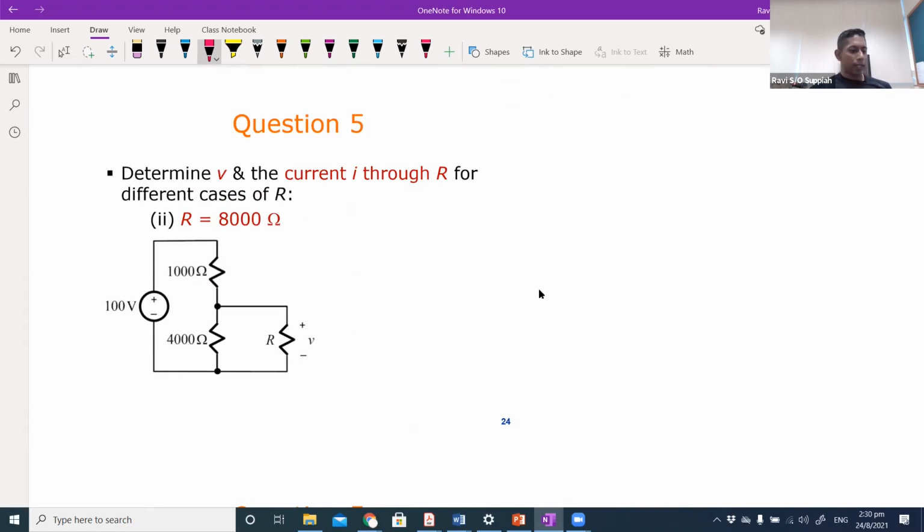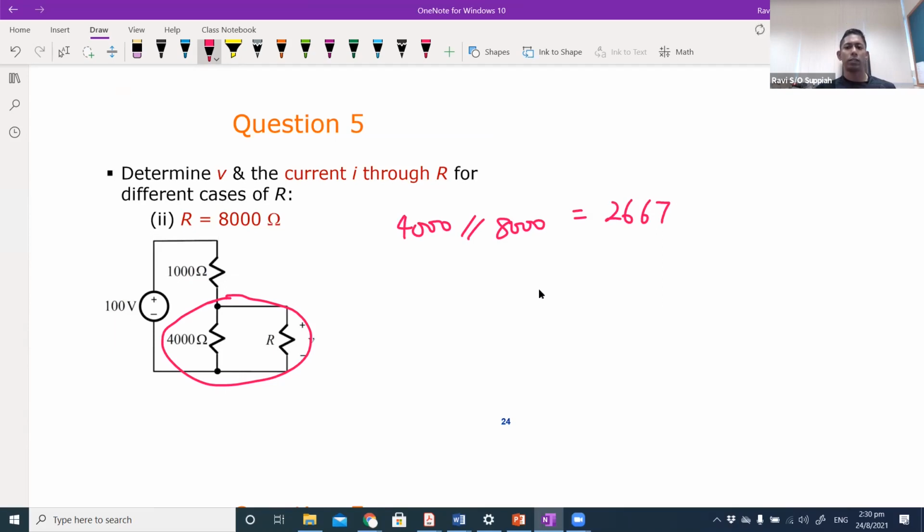Now, how about when R is 8,000? When R is 8,000 ohm, basically what you need to do is combine this to a single resistance. Correct? So you know the effective resistance. What you have is 4,000 parallel to 8,000, which will give you 2667.